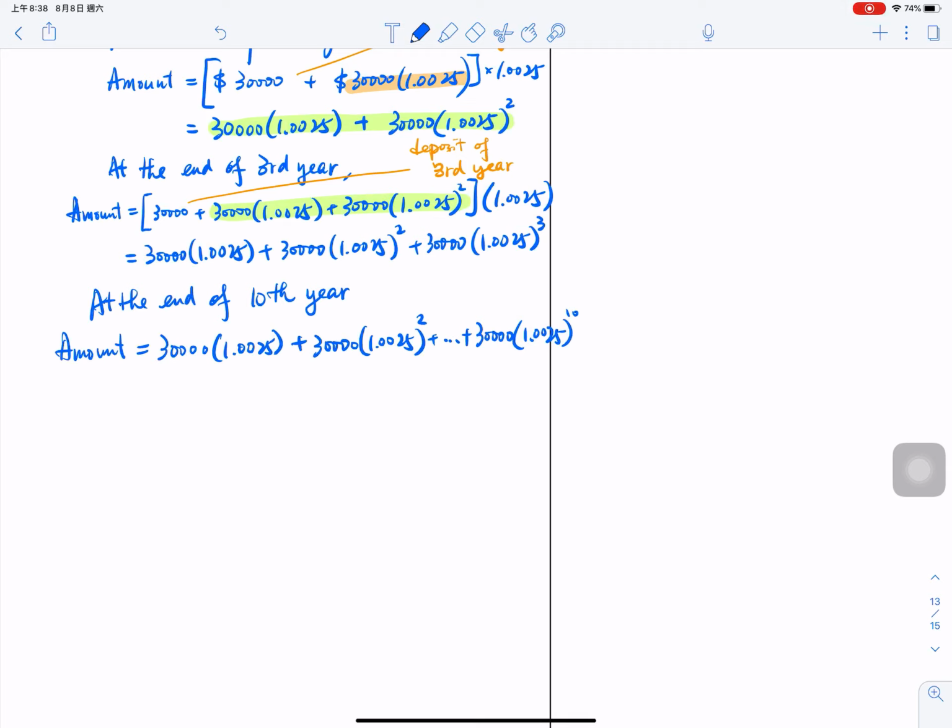Then what can we do? Okay, I pick up this one. This is the first term, and this is the last term. First term, last term. Okay?